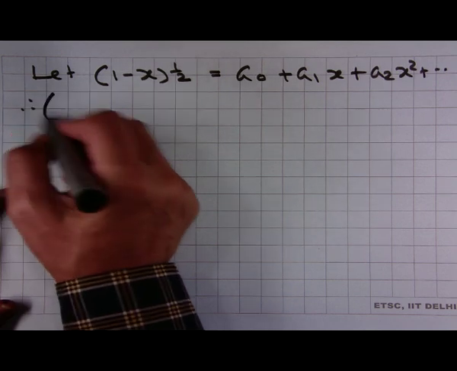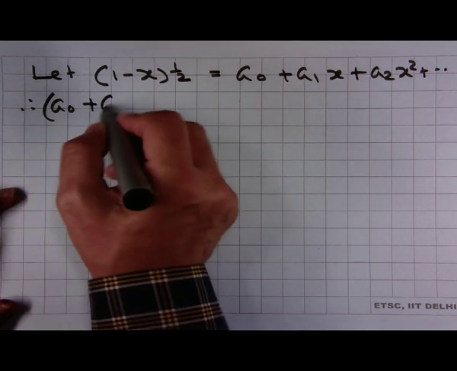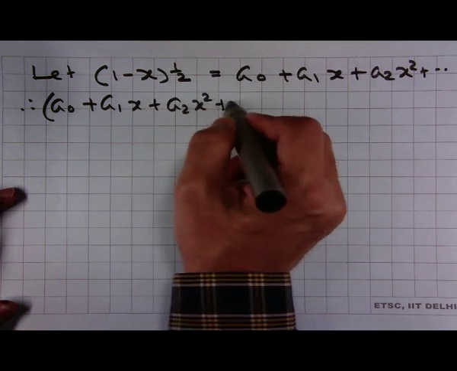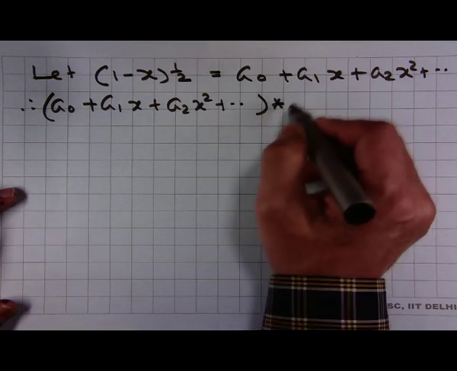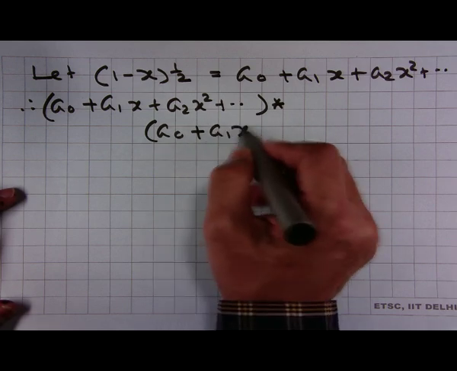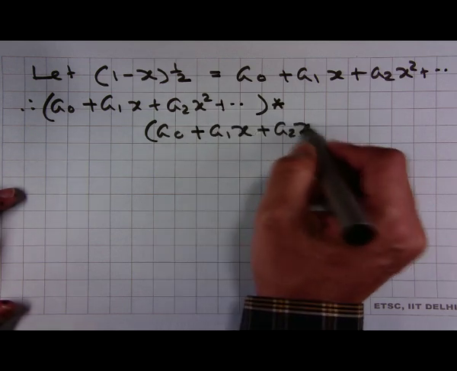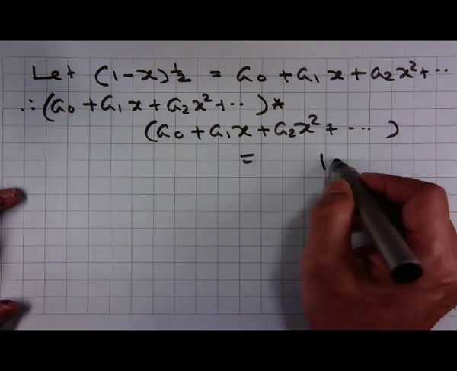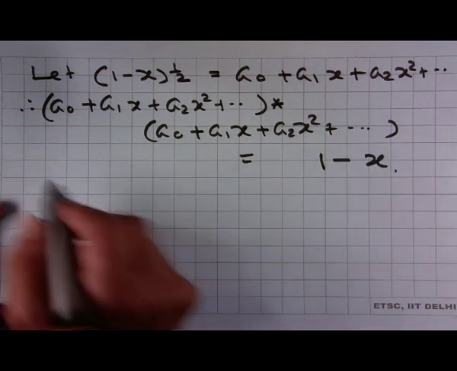Therefore, a0 plus a1 x plus a2 x square plus so on, multiplied by a0 plus a1 x plus a2 x square, is equal to 1 minus x.